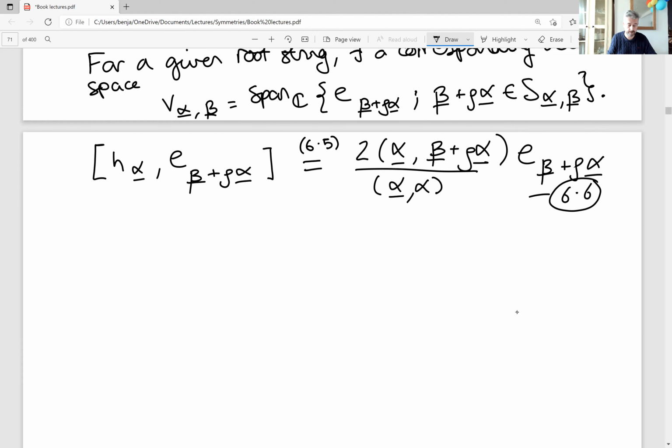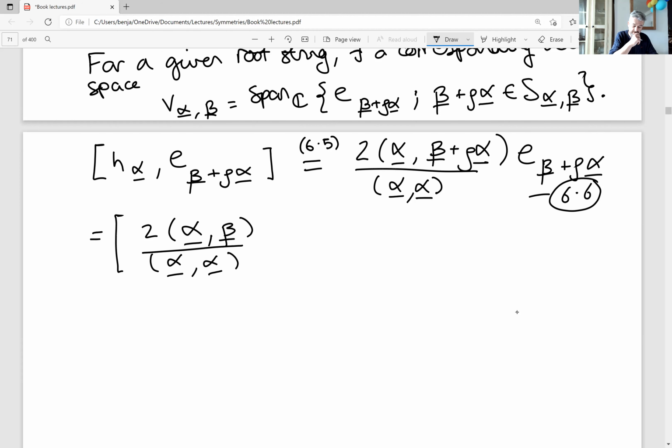Okay, so from properties of the inner product, this right-hand side is just twice the inner product between alpha and beta over the length of alpha squared, or the inner product of alpha with itself, plus 2 rho, all times E beta plus rho alpha.